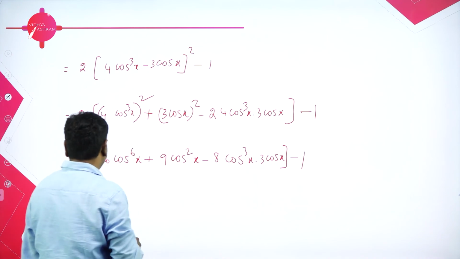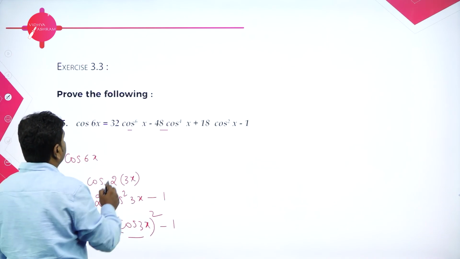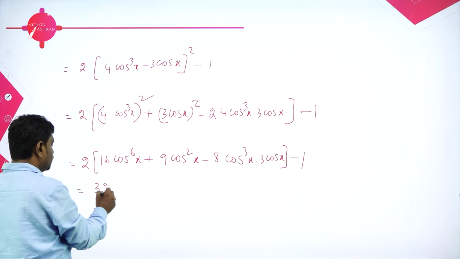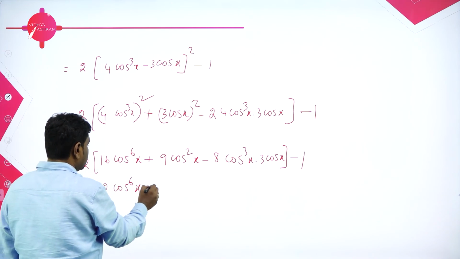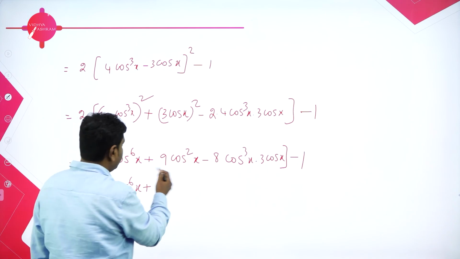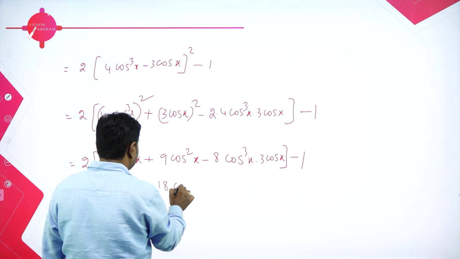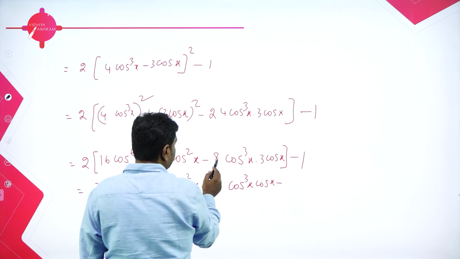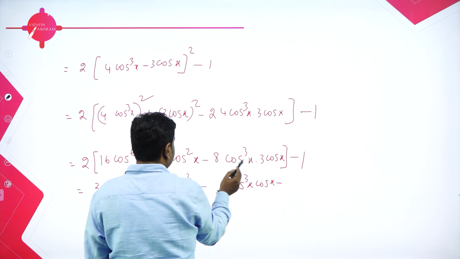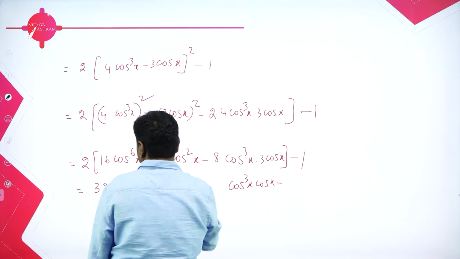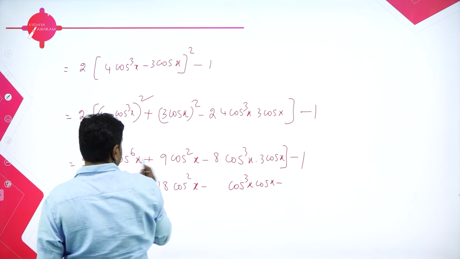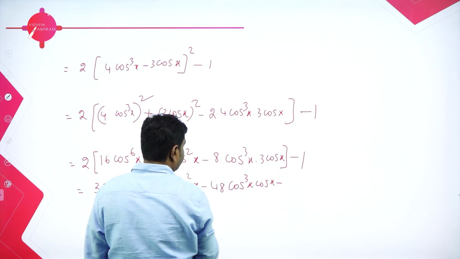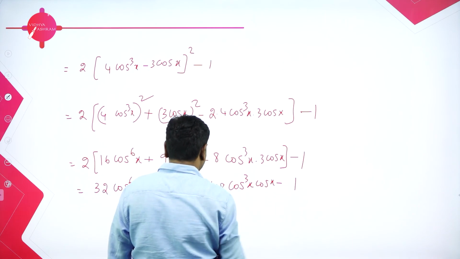Now multiply this by 2. 16 2s are 32 cos power 6x, plus we don't have a like term, so multiplying 9 by 2 gives 18 cos square x. Then 2 8s are 16, 16 3s are 48, minus 1.